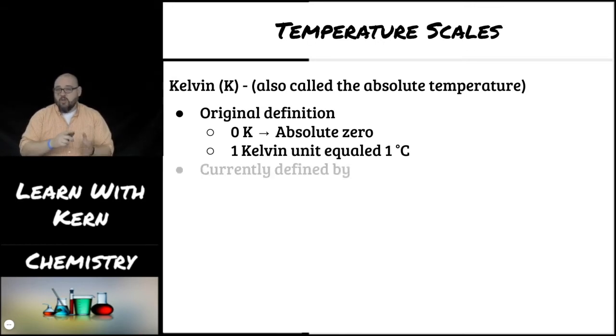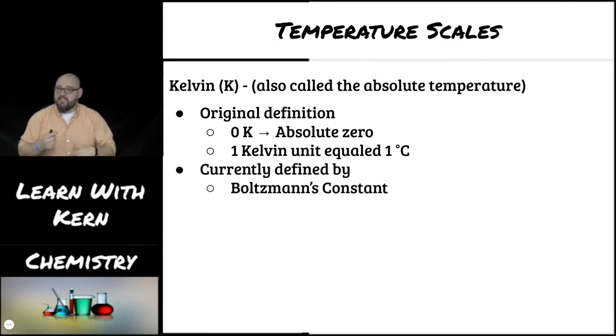Now, currently, the Kelvin scale is defined by something called Boltzmann's constant. That's one of those scientific constants that helped redefine the SI units. Now, Kelvin is the SI base unit temperature scale. So if you're using the official SI system, you're going to be using Kelvin. It is the one that is going to be used by scientists most.